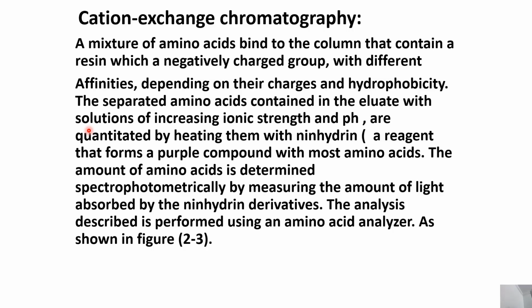The amount of amino acid is determined spectrophotometrically by measuring the amount of light absorbed by the ninhydrin derivatives. So this analysis is performed using an amino acid analyzer, right?